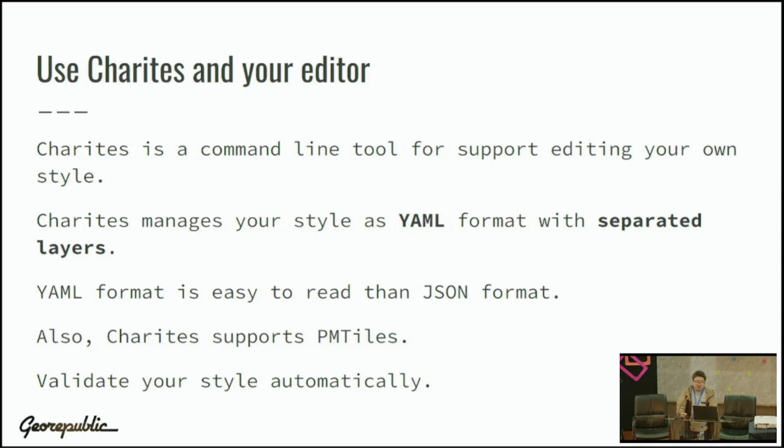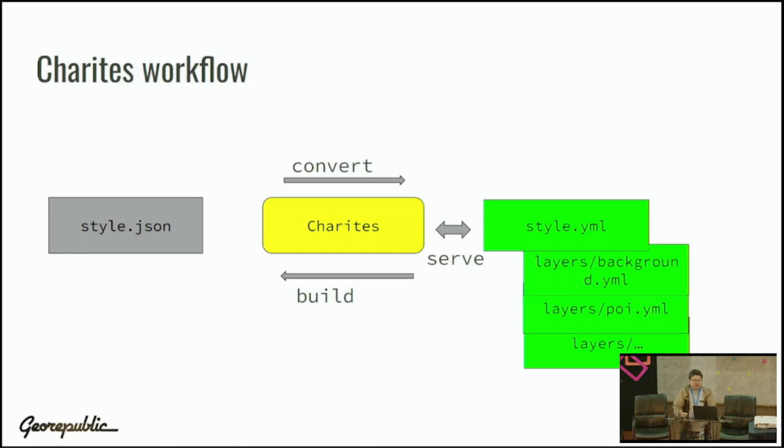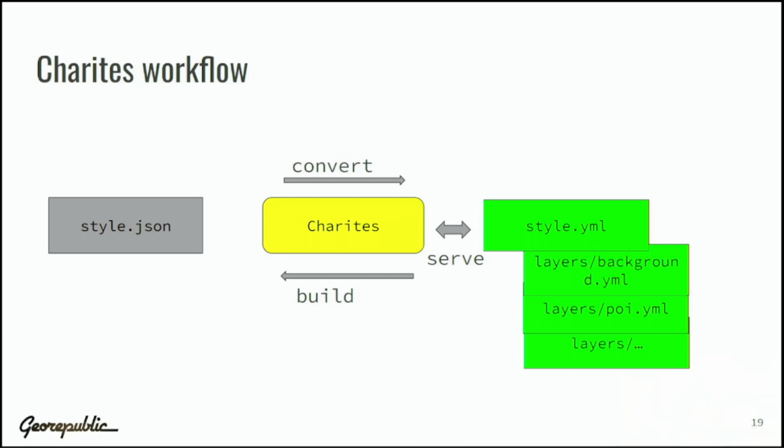Also, Charites supports PMTiles and validates your style automatically. The workflow is, first, convert the style JSON to style YAML and edit the styles. Charites can run the serve command, and after editing the layers, you convert back to a JSON file with the build command.